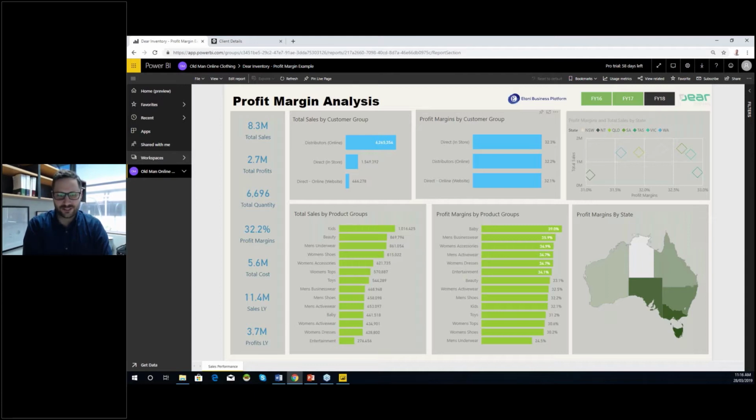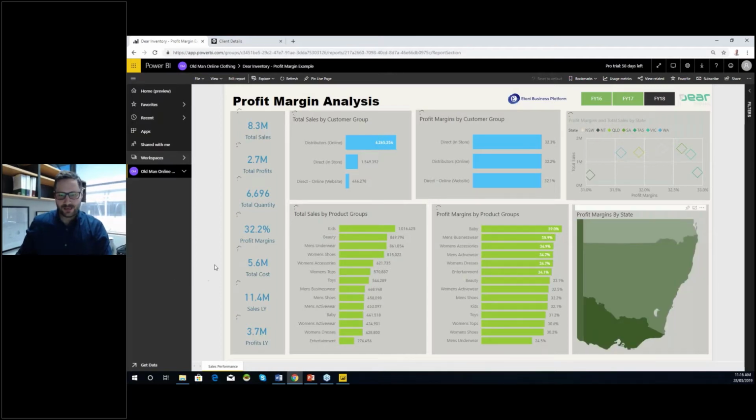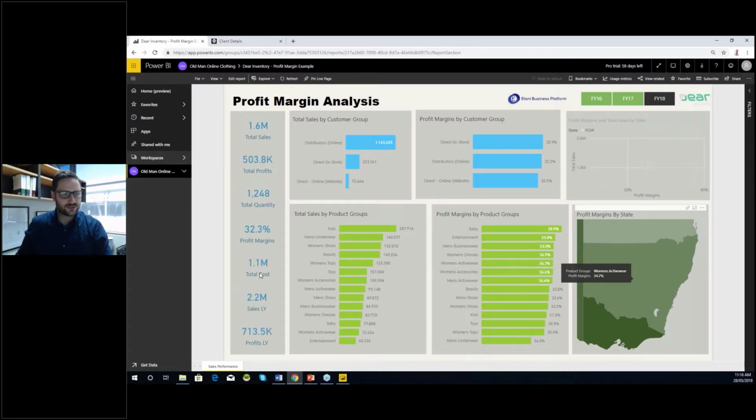To have that information, have a look at this example of the way that we can look at profit margins across our entire business, 32.2%, but then we literally drill down into New South Wales and we can get a much better feel of how New South Wales is going. It looks like profit margins on entertainment, for whatever reason, are better in New South Wales, okay?